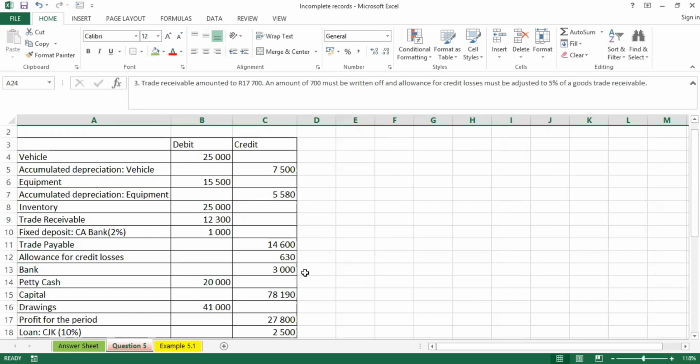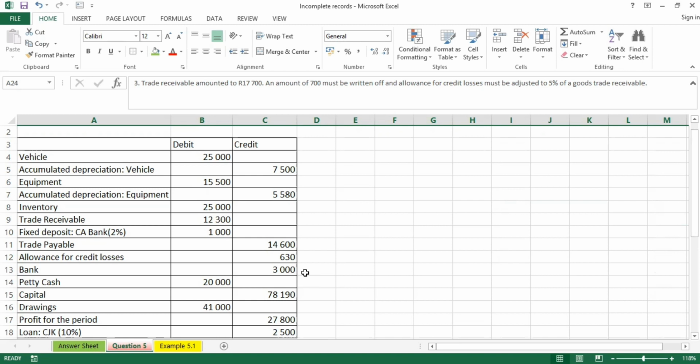And then we have petty cash of 3,000. So when we look at our trial balance, any amount we find on the credit side means we have a bank overdraft.